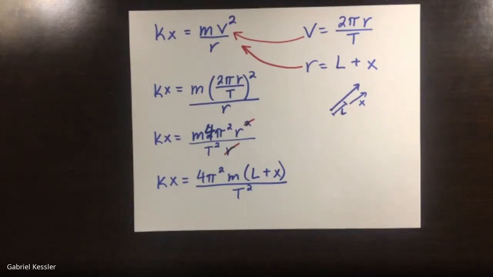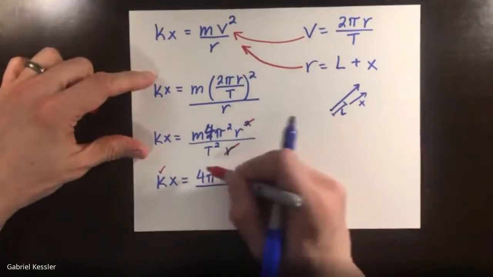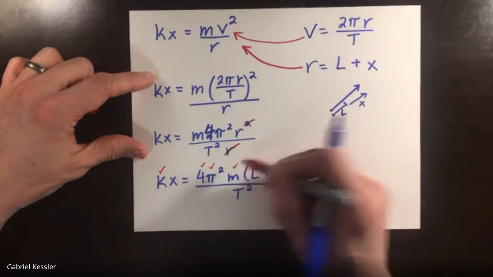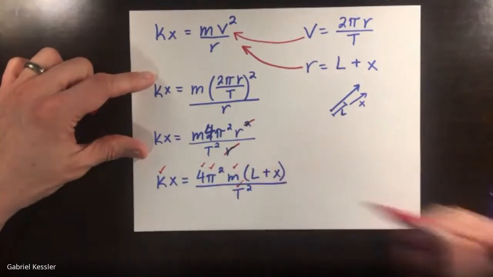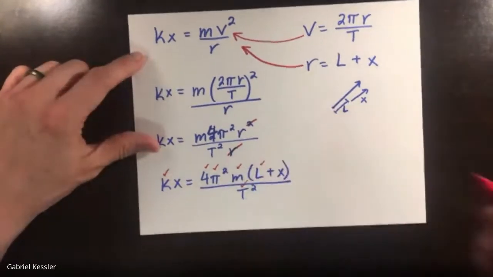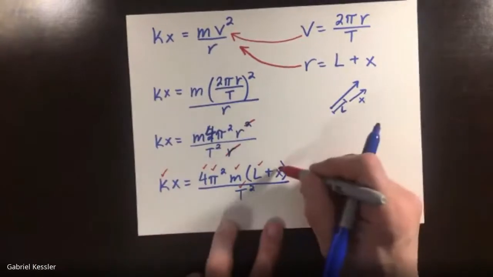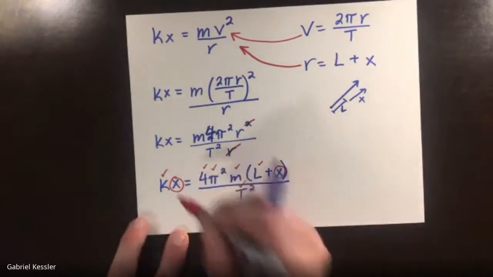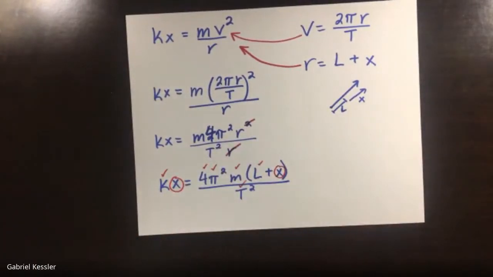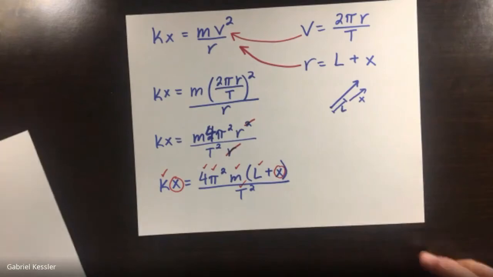Now we have the k value, we have 4 pi squared, we have the mass, the period we can find, and the length of the spring. So we need x and x, we need those two unknowns isolated. All right, let me rewrite this.